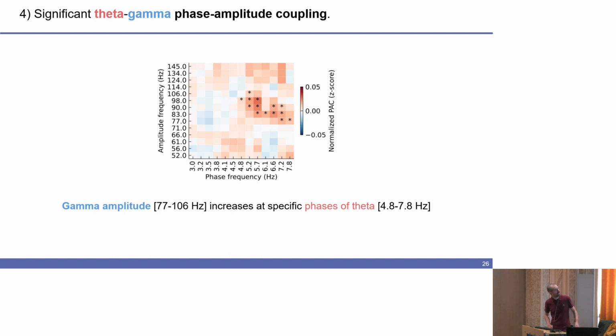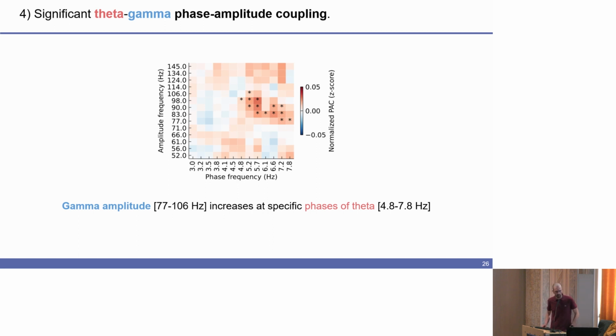You can see there highlighted with the stars the couple of frequencies in which there is phase amplitude coupling: for gamma between 77 and 106 Hertz, and for theta between around 5 and 8 Hertz.